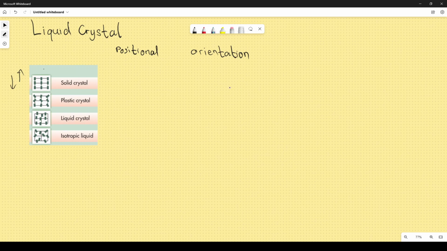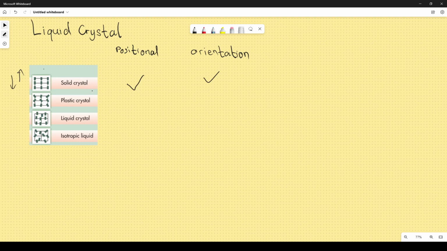So I will say that solid crystals have orientation order. And how about positional? We can look again that each of these crystals have the same structures, or each of these atoms have the same distance to each other. So of course, they do have positional order.